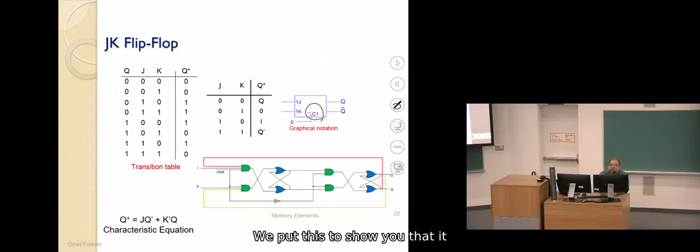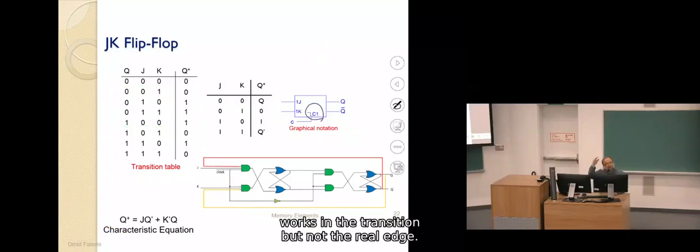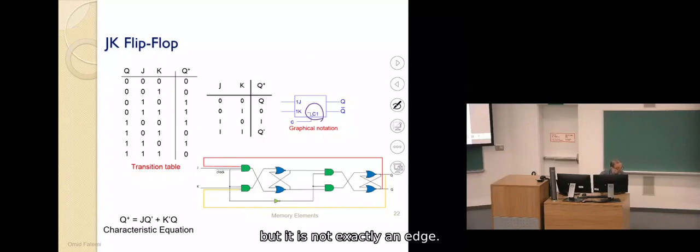We put this to show you that it works in the transition, but not the real edge. Just a transition to make it in the middle, and then with the next half of the clock goes output. But it is not exactly an edge. Good. Any questions? So it is JK flip-flop.